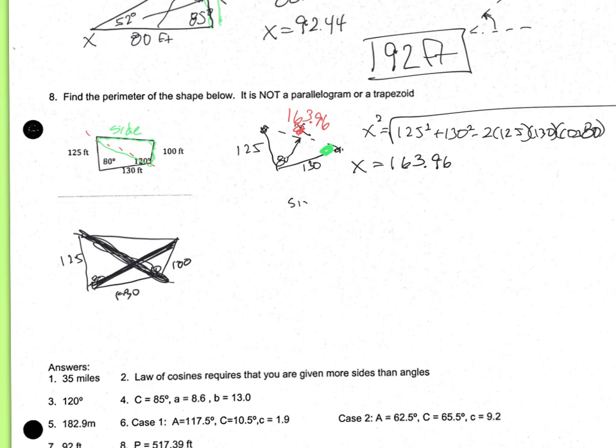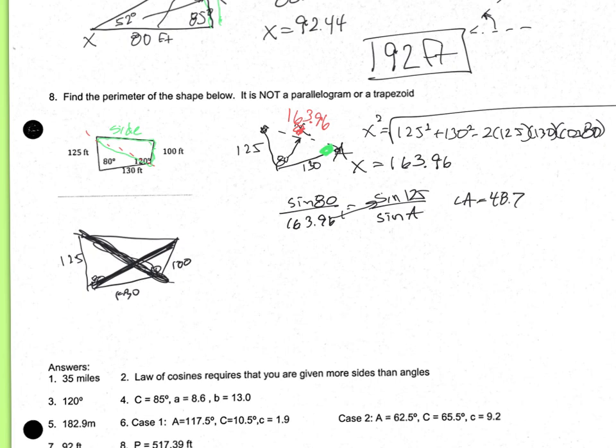Sine of 80 over 163.96 is equal to the sine of 125 over sine of, I guess I'll call it A. Got to call it something. Now you're finding an angle. So remember, you got to do inverse sine. So we multiply, divide by the sine of 80, second sine, second answer. So angle A is 48.7.